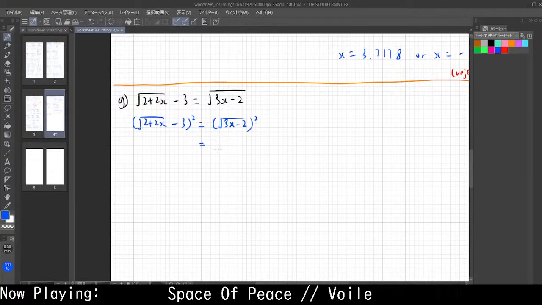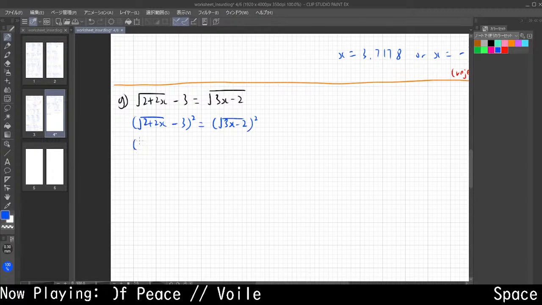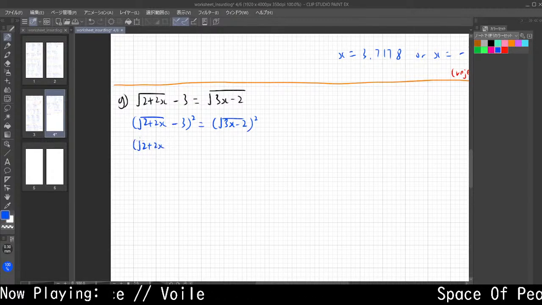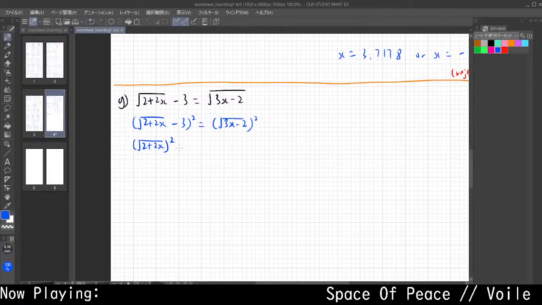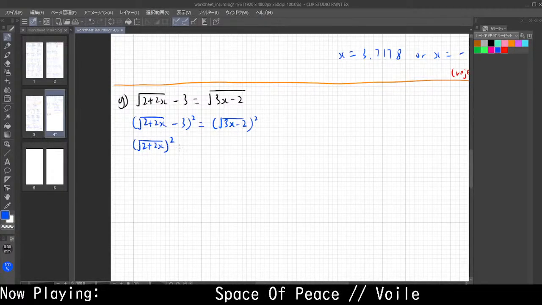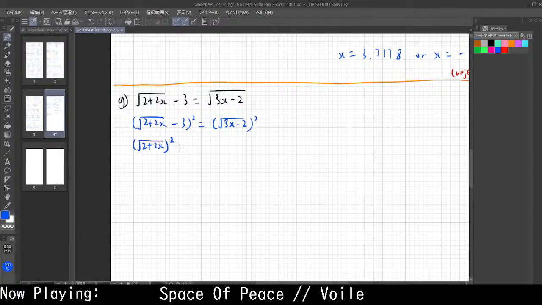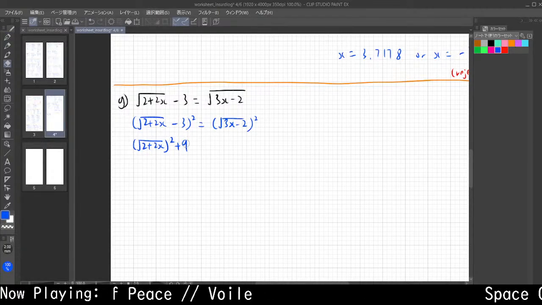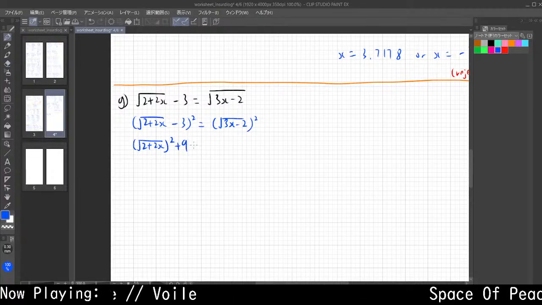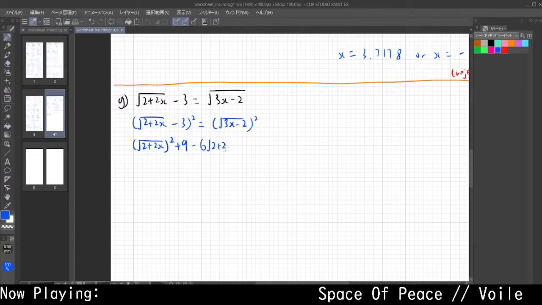For this case maybe, it is actually better to square with only one square root within the mix on one side, even though in this case you have a minus 3 attached to it. This is 3 square by the way, but it is still marginally better to do it with only one square.